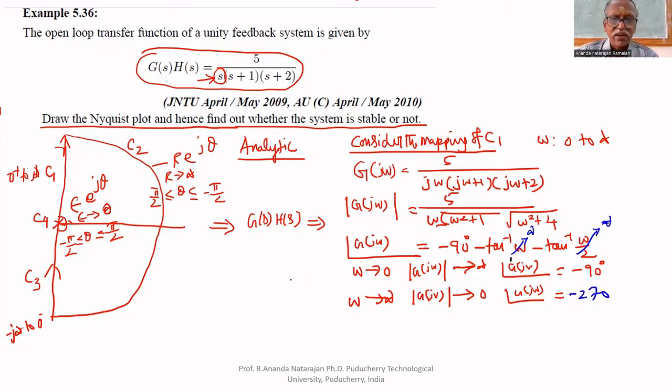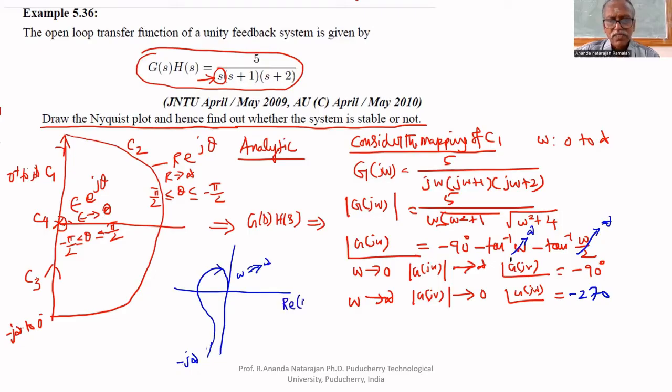That's why the polar plot for this starts at minus 90, infinity, minus j infinity. It starts at infinity and it reaches 0 at 270 degrees. That's why the plot will be looking like this. When omega tends to infinity, it reaches here.